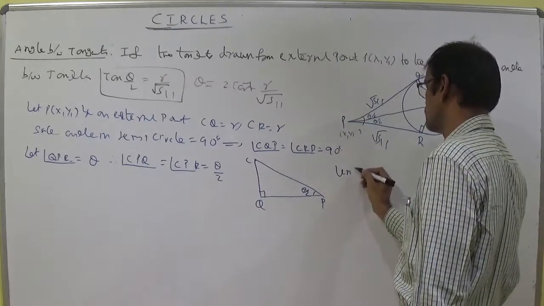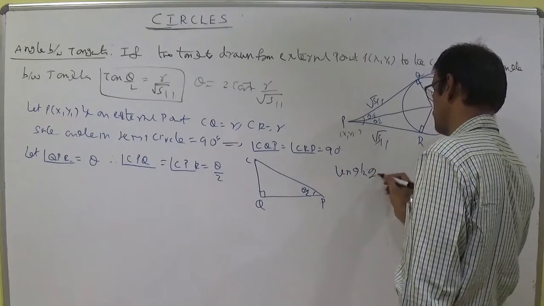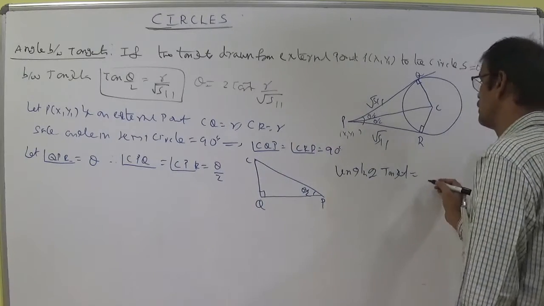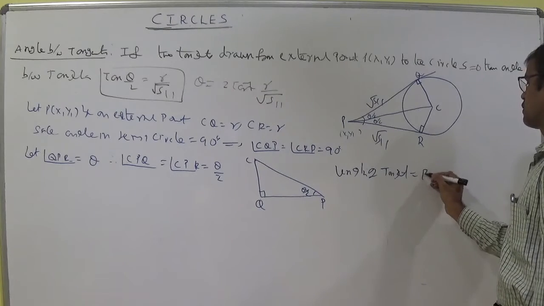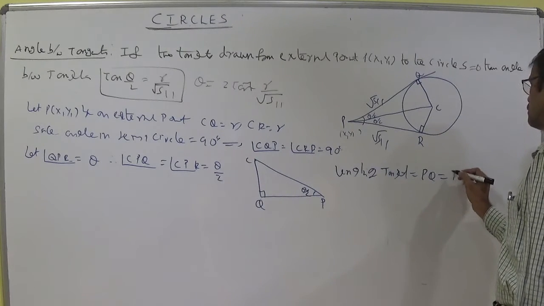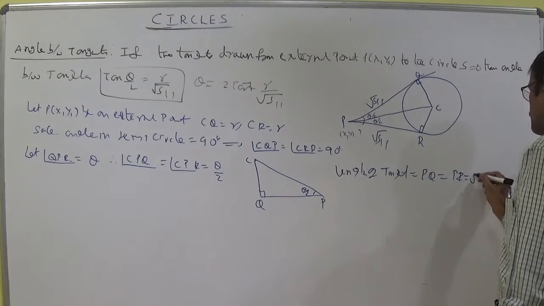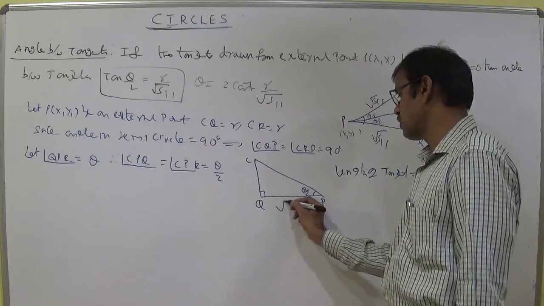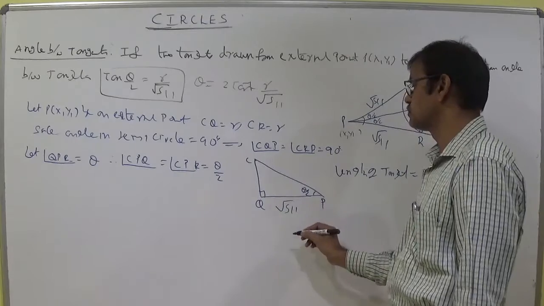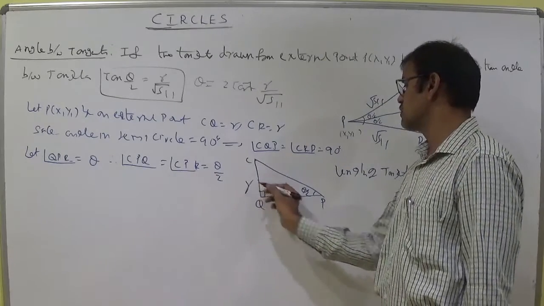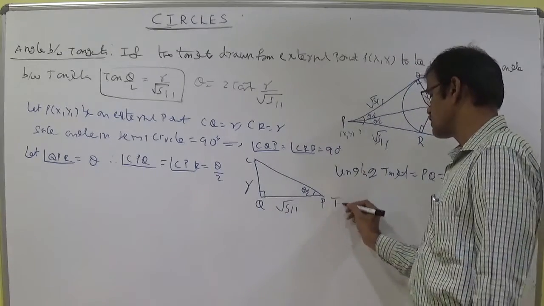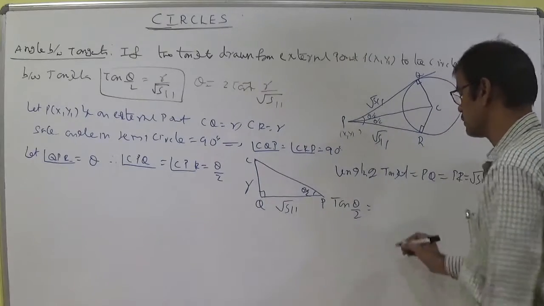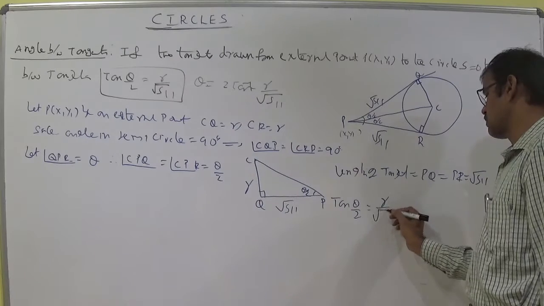Length of tangent PQ equals PR, the formula root S11, proof also I said. So here you write root S11. CQ = r. So in this triangle, tan(theta/2) = opposite by adjacent = r/root S11.